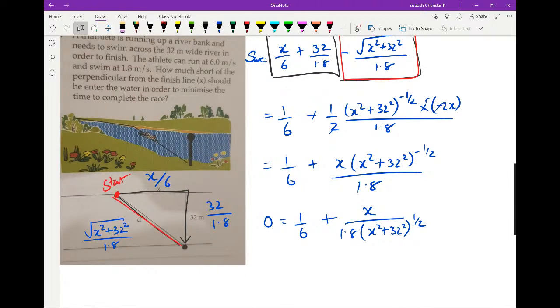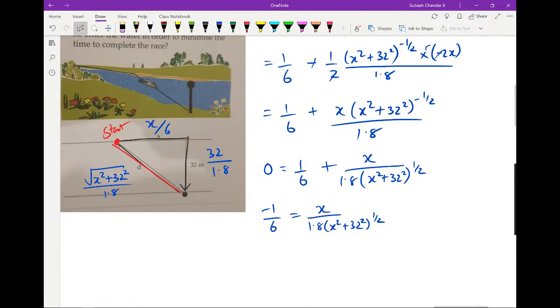So rearranging this, we are going to get negative 1 over 6 equals x over 1.8 times x squared plus 32 squared to the power of half. We're going to end up with an ugly looking equation, but we'll figure it out.